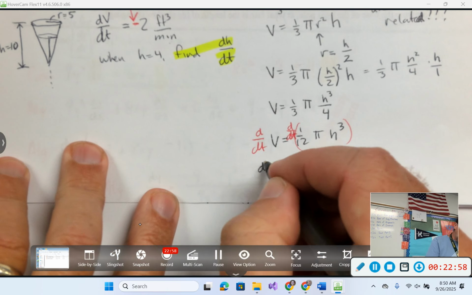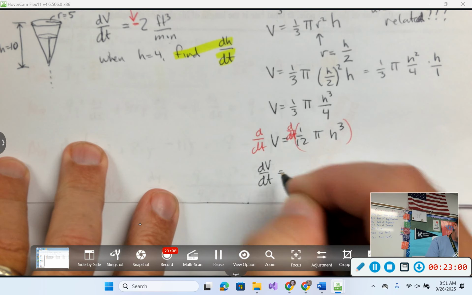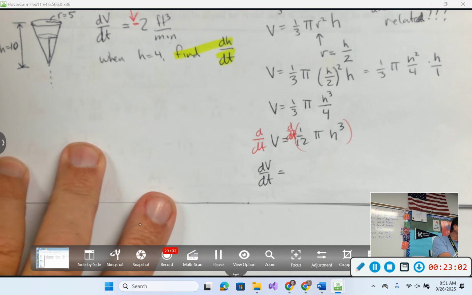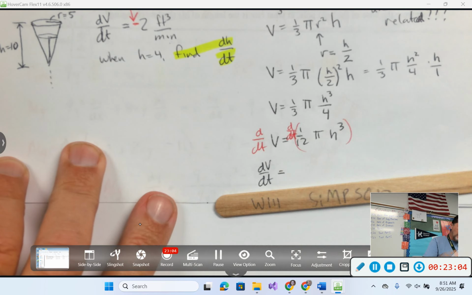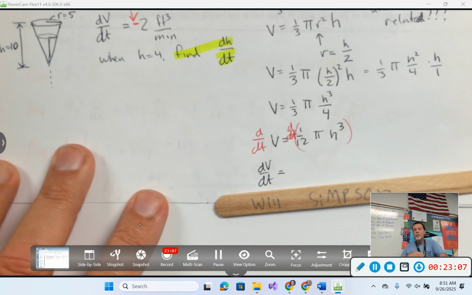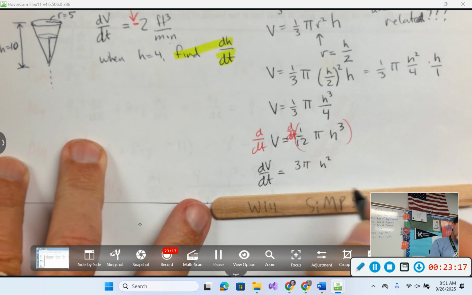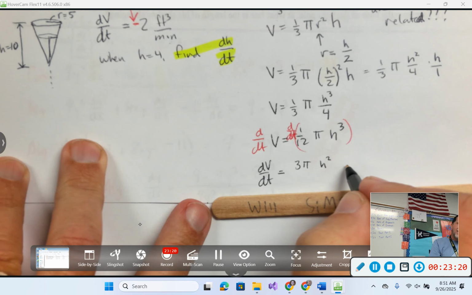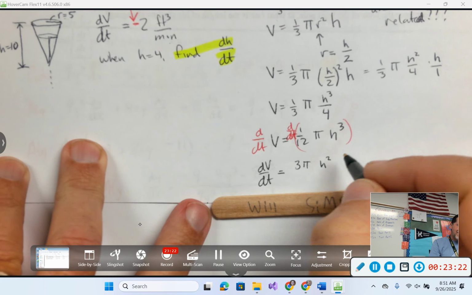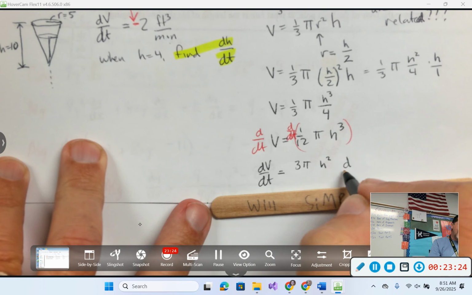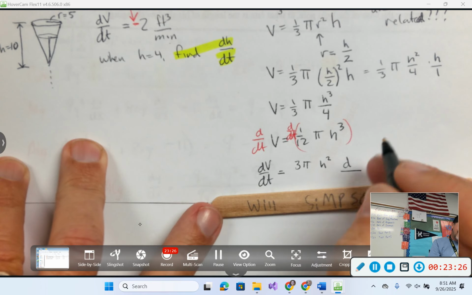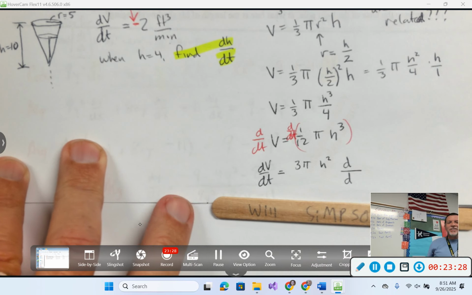Okay, left-hand side dV/dt. Right-hand side, here we go, Will, help us out. What's the derivative with respect to t of 1/12 pi h cubed? Well, you're not wrong.